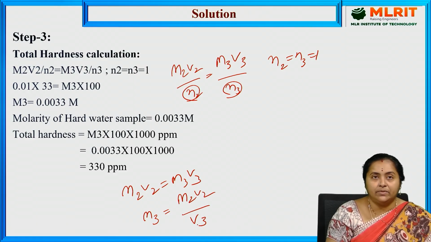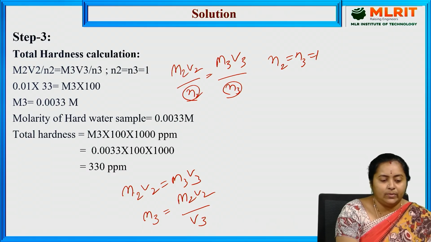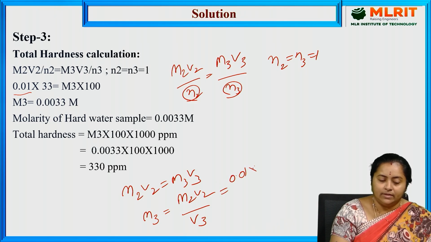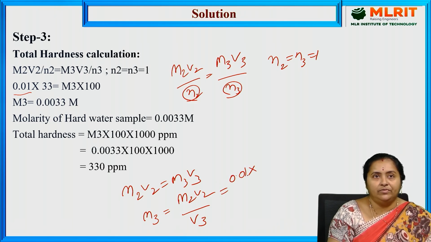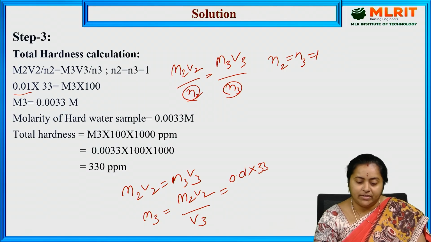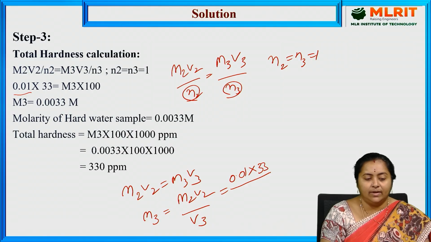What is M2? Molarity of EDTA which we calculated in step 2, its value is 0.01. And then what is V2? Volume of EDTA consumed for step 3. In the problem it is given as 33, divided by V3. M3 is the molarity of hard water sample, a question mark we have to find out.